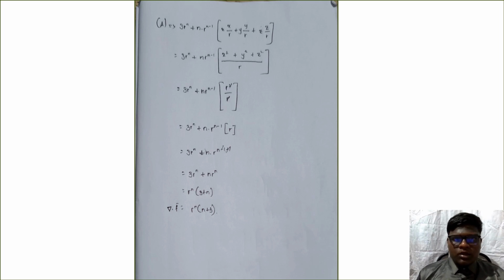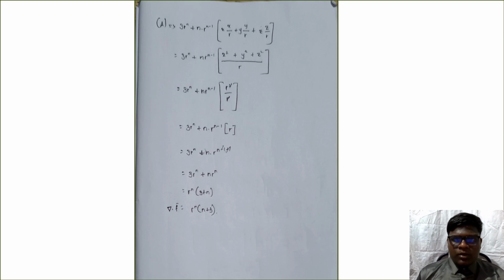Here x square plus y square plus z square equals r square, from equation 1. Then r square by r gives r, and we get 3r power n plus n into r power n minus 1 into r.